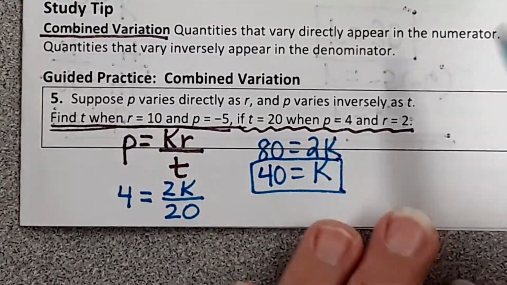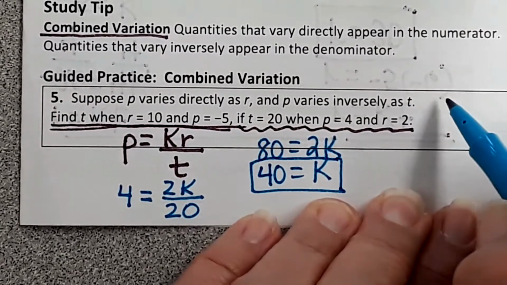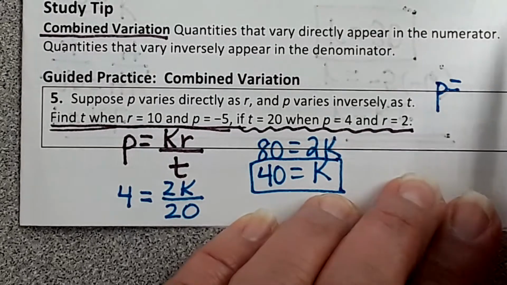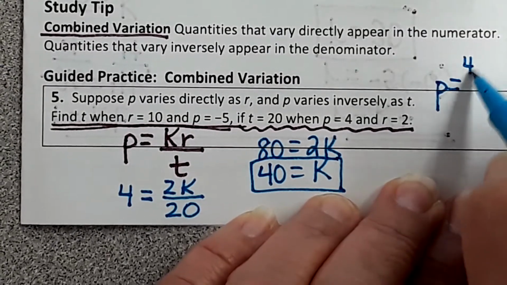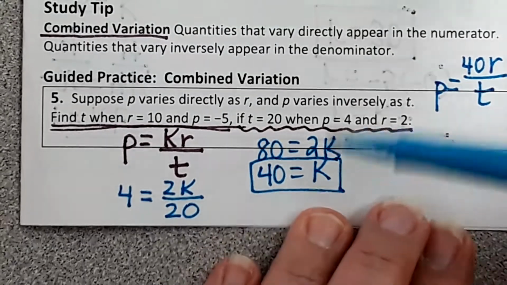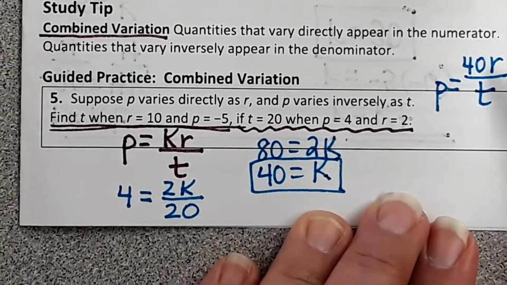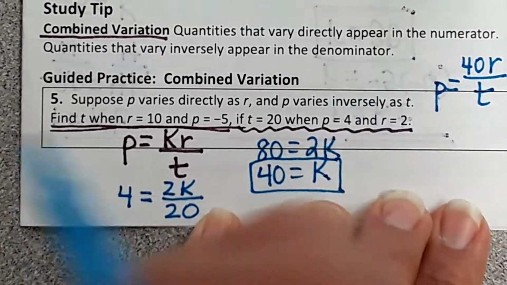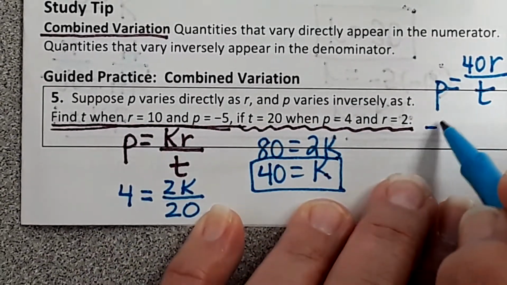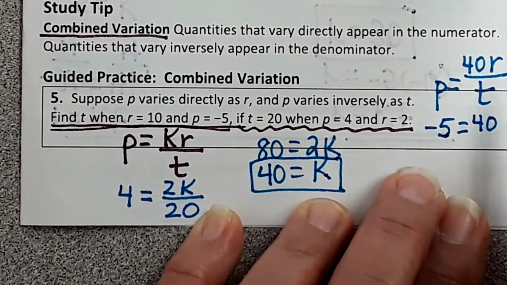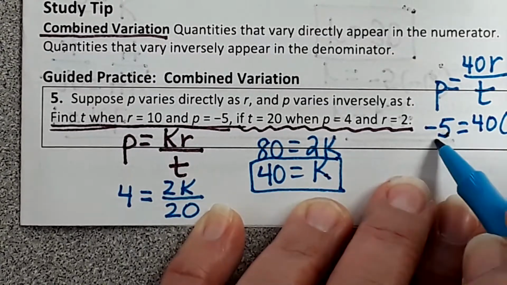Now, I'm going to write my combination variation equation, which would be P equals 40R over T. So, we found our constant of variation. Now we have our combination of variation, and now we're going to plug in. So, what's our P? -5. What's our R? And do we know T?